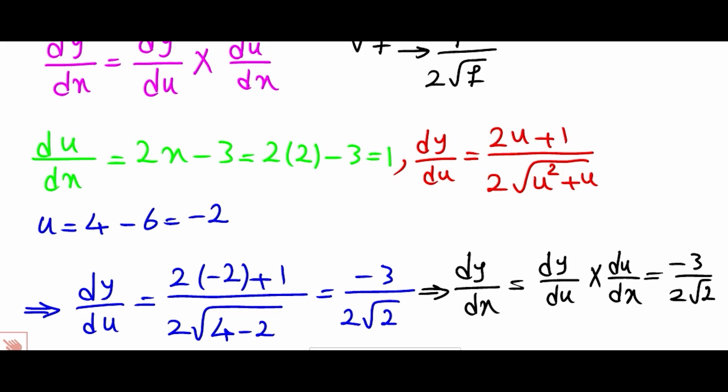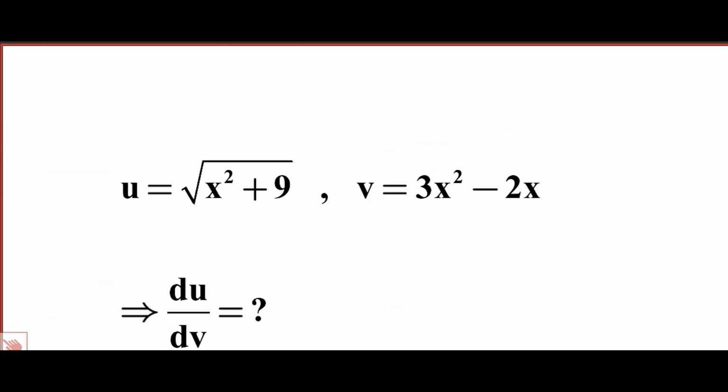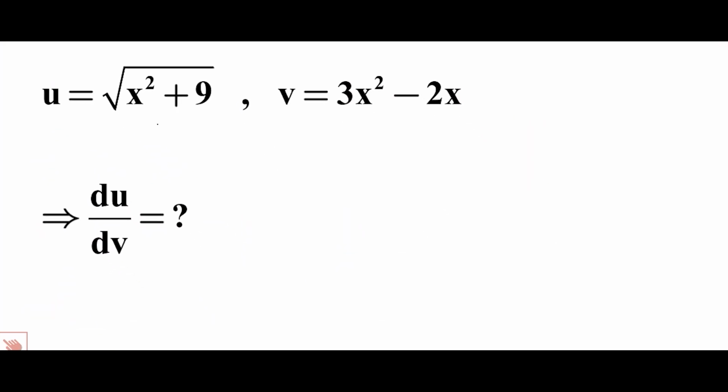It's very simple. Number 2, u is equal to the square root of x squared plus 9 and v is equal to 3x squared minus 2x. So we want to find du/dv. And again, in this example, u is a function of x and v is a function of x.